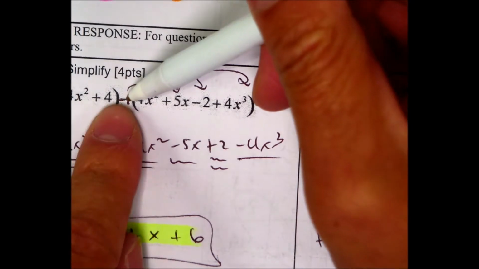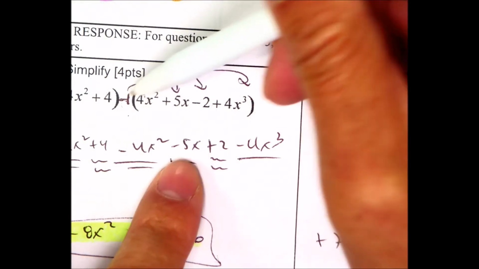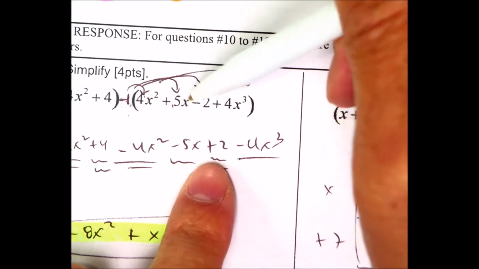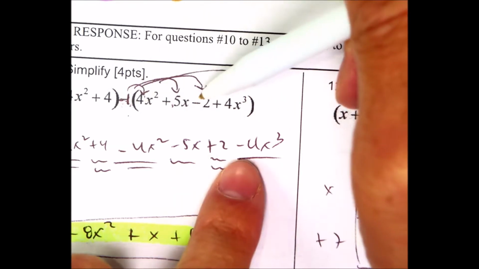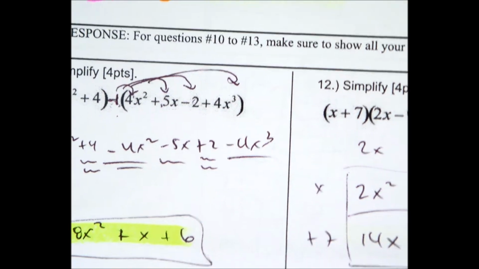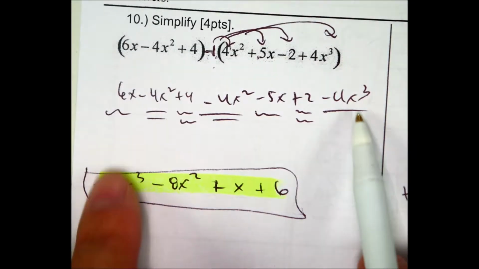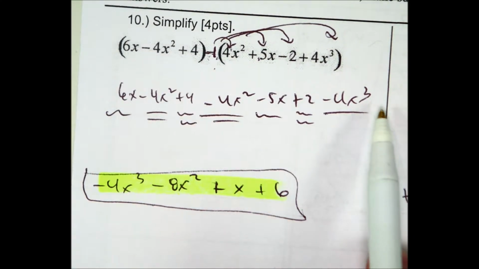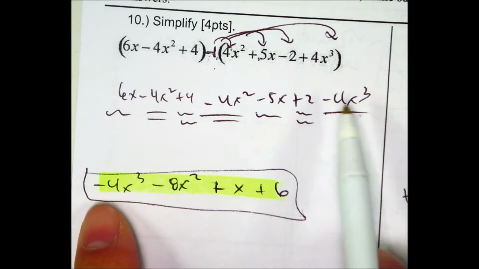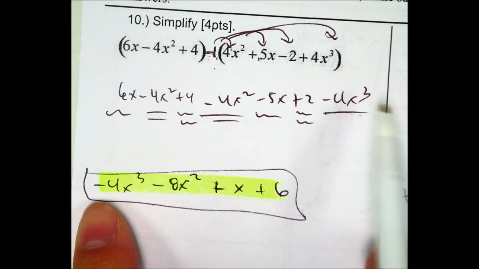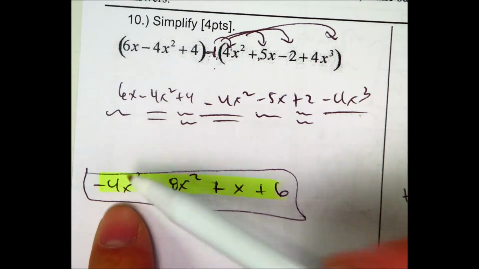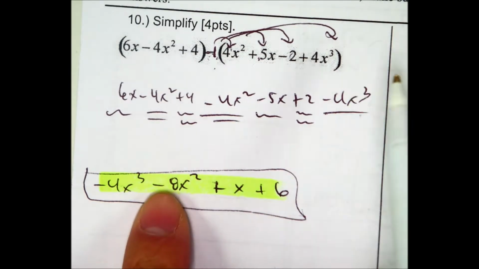So basically you're going to change all the math operations inside. And then I'm just going to look for the like terms. I look to the power 3 and there's nothing to the power 3. So that's a -4x to the third. Every mistake you made, so if a lot of students wrote that as a positive, I took off a point.